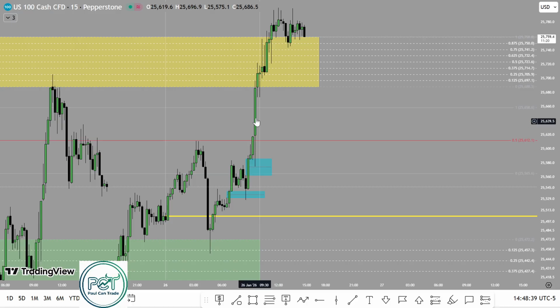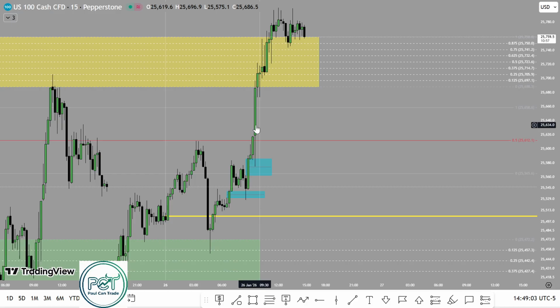So when you see this, in my mind, I see this as a breakaway gap because they left a portion of that fair value gap open. So I see that as a breakaway gap. Then the next gap that forms, I expect that to be a measuring gap.